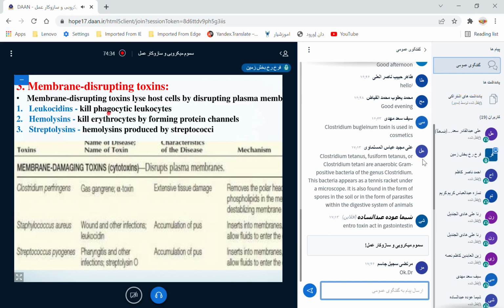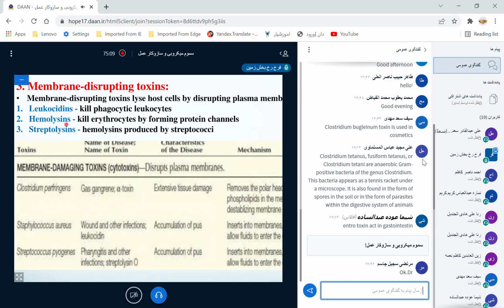Phagocytic leukocytes kill the bacteria, but some bacteria, by leukocidins, kill phagocytic leukocytes. So it is not good. Some bacteria can kill some of our defensive cells, some of our armies, some of our soldiers.